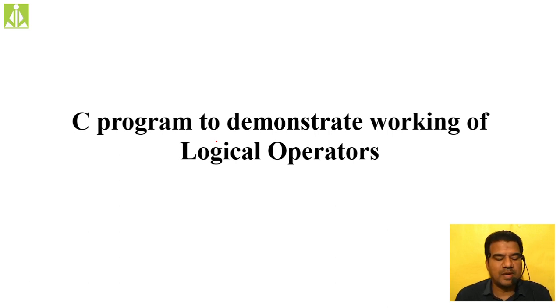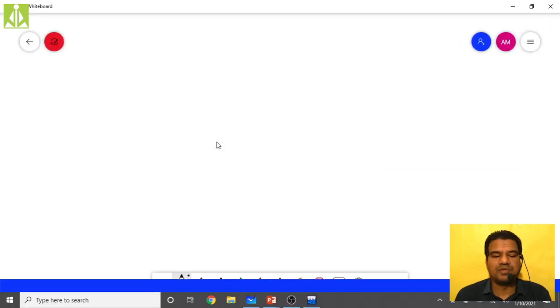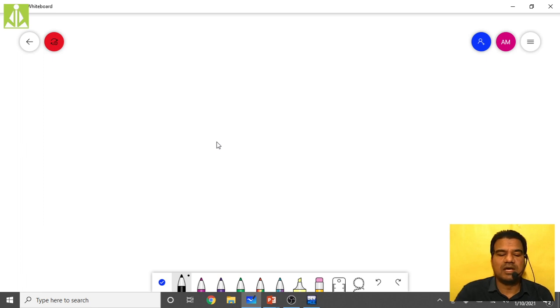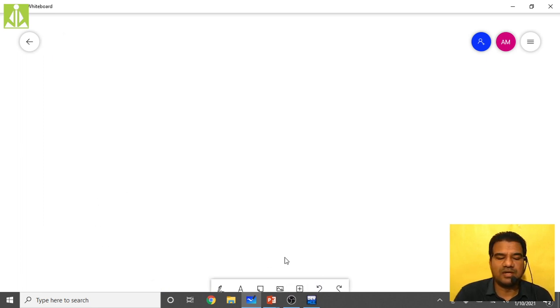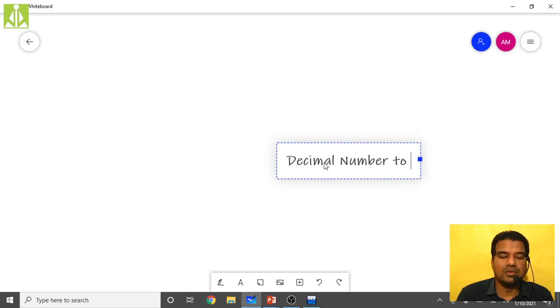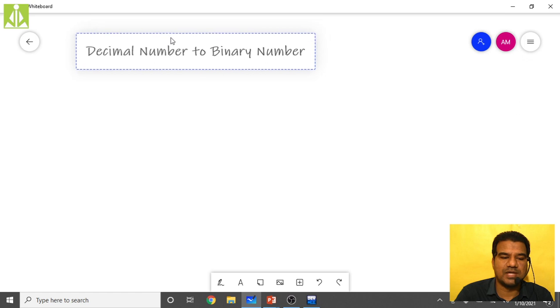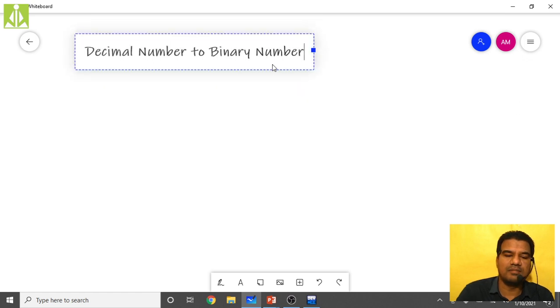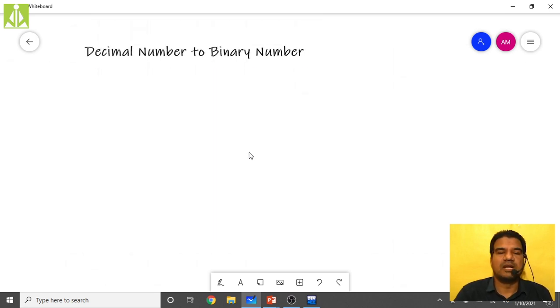In order to explain that, I'm opening my whiteboard. What we are discussing in today's session is how we can convert the decimal number to binary number, and also how we can do the vice versa, converting the binary number into decimal number.